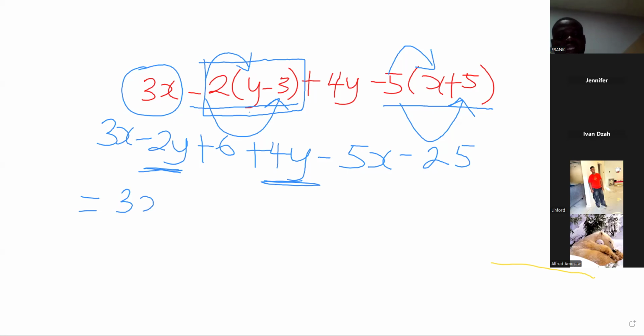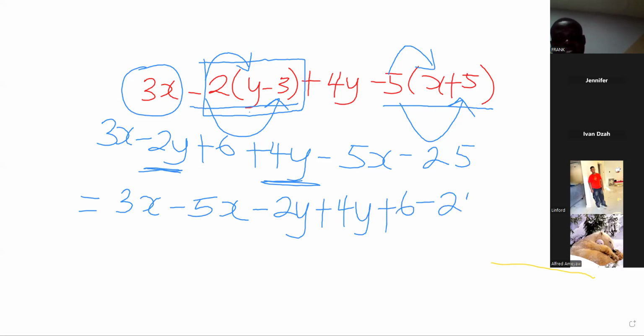Then after expanding, you group the like terms. 3x minus 5x minus 2y plus 4y plus 6 minus 25. So 3x minus 5x is minus 2x, right? Because you're going to do 3 minus 5, that will be negative 2.